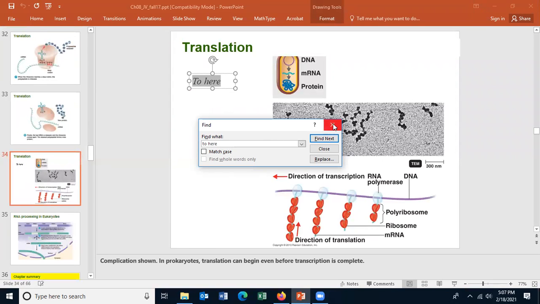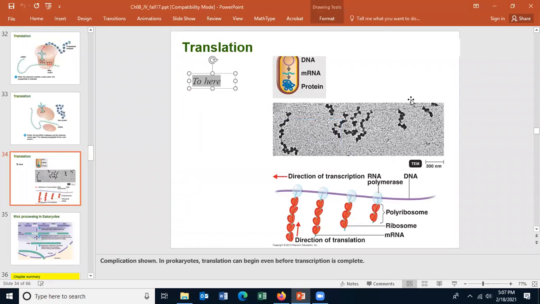So we were talking about genetics, and we finished talking about a complication where in prokaryotes, when the messenger RNA is being transcribed, translation can start on the messenger RNA before transcription finishes.